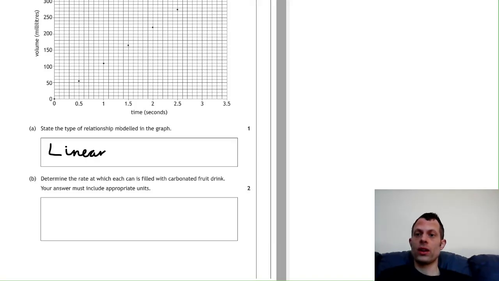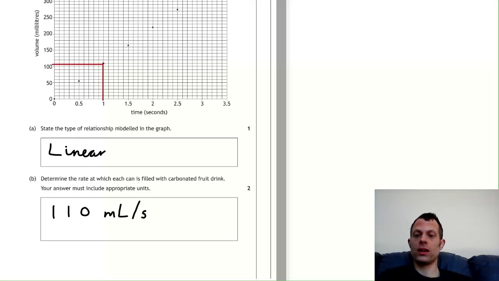In this case, the graph starts at 0, so all we need to see is how much volume corresponded to 1 second, and read it off the graph: 110, and the units have to have the two units, milliliters and seconds.